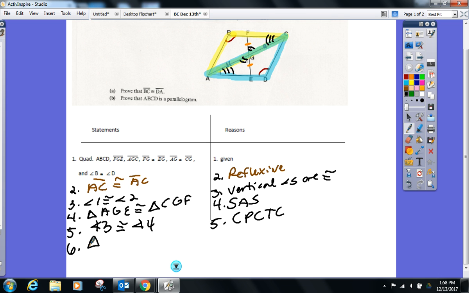So go ahead, name that triangle. Name one of them. CAD. Sure, CAD. If we go CAD, everybody, we got to go ACB.